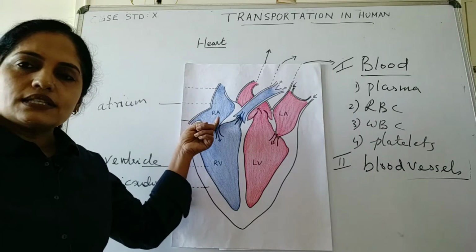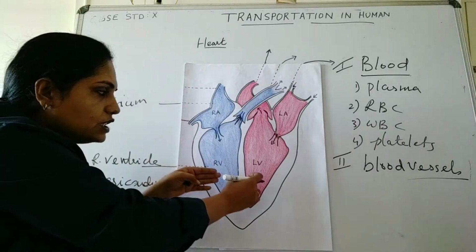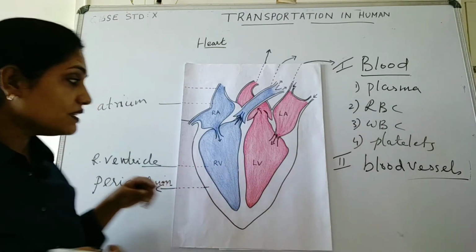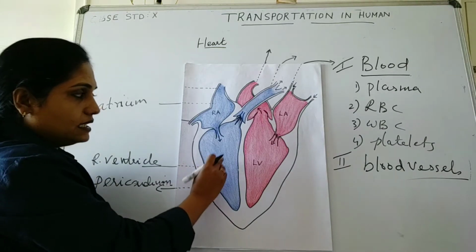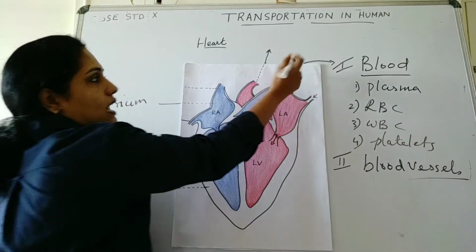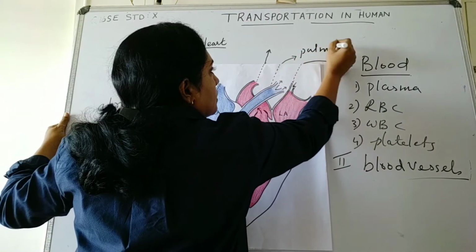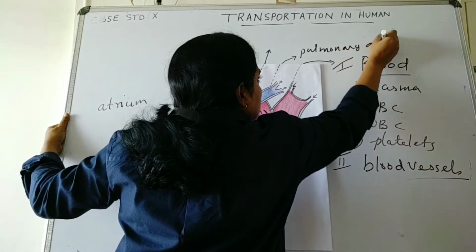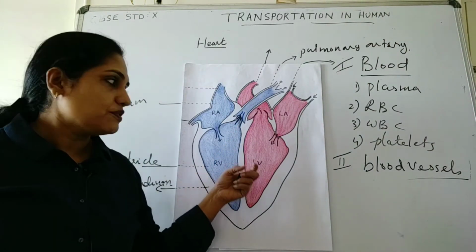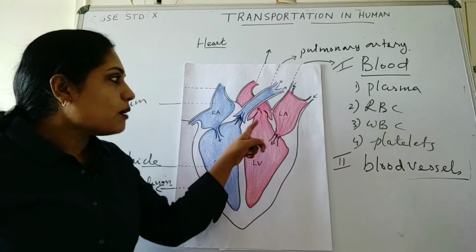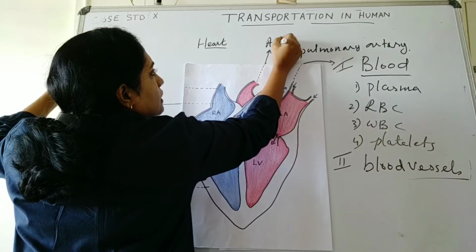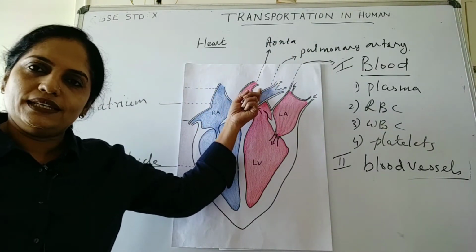Once the atria receive blood, the blood is pumped into the respective ventricles, and from the right ventricle, deoxygenated blood is pumped into the lungs through the pulmonary artery. And likewise, from the left ventricle, oxygenated blood is pumped into the aorta to different parts of the body.